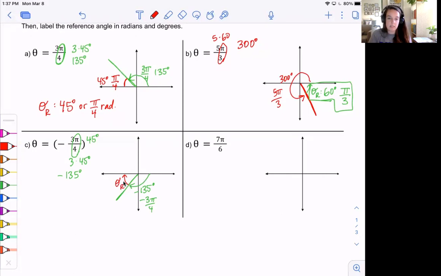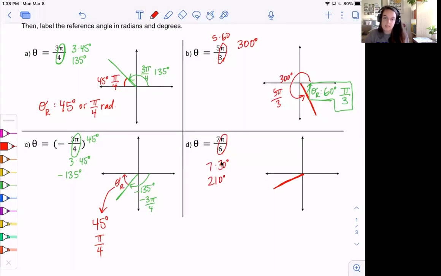So my reference angle needs another 45 degrees in order to reach there. And I know that that is 1/4. So that is going to be pi over 4, like so. Pi over 4. Cool. Great job. All right, go ahead and pause your video and try this one on your own. And we'll come back and explain it in a moment.